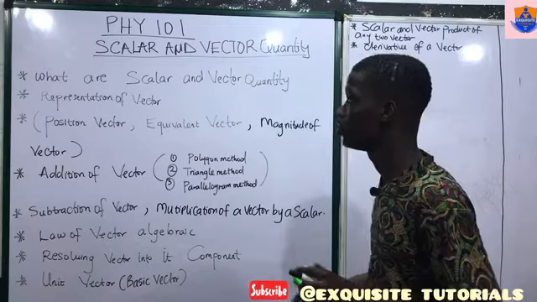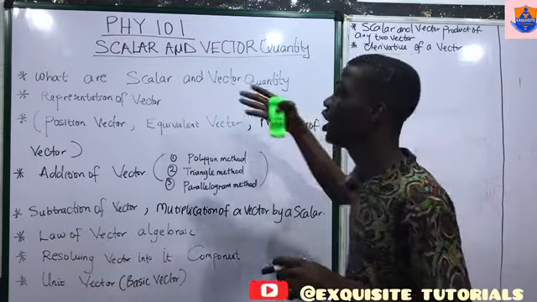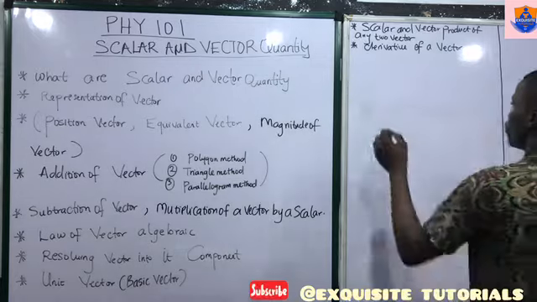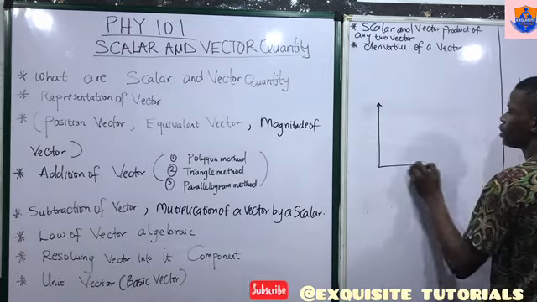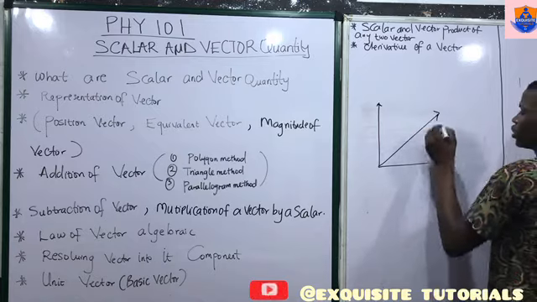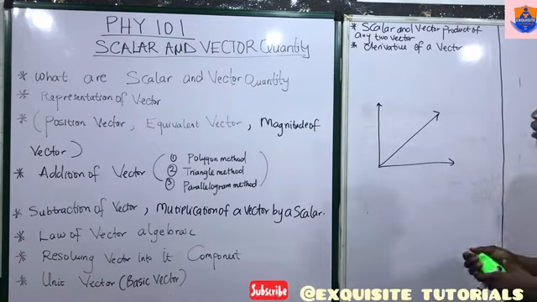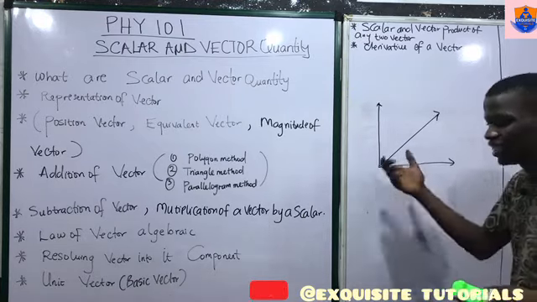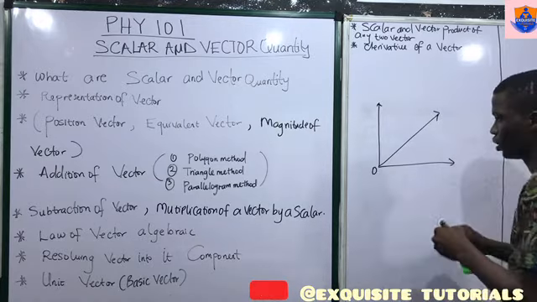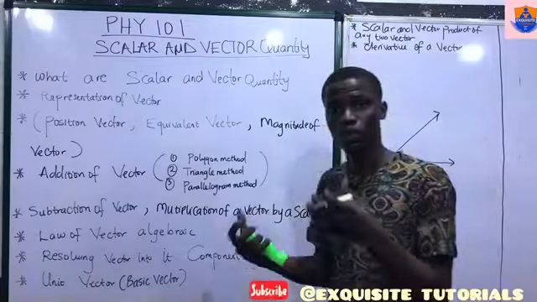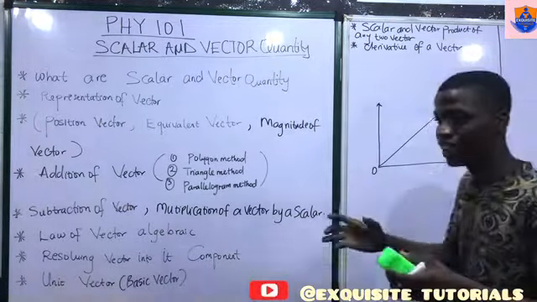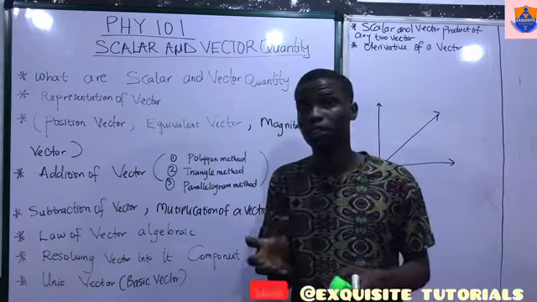I've already given you the definition for scalar and vector quantities and the way they are represented. Then position vectors. Assuming this is a vector, position vectors are vectors whose tails coincide with the origin, and their heads determine the direction which a particle will take.